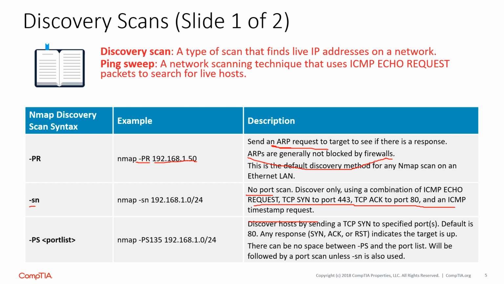Usually the default for TCP is port 80, because if it's TCP there should be a specific service. Any response with a SYN acknowledgement indicates that the target is up, which is acceptable in Nmap. Under TCP SYN, the option is -PS.